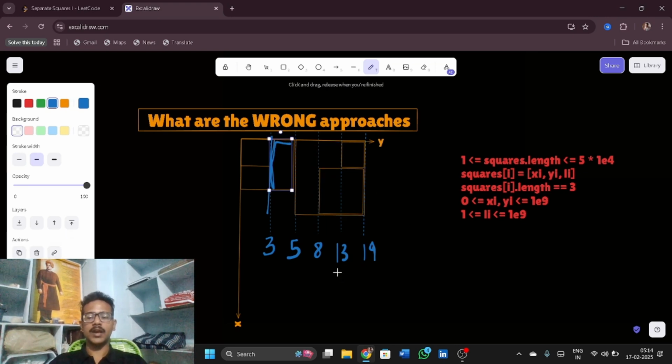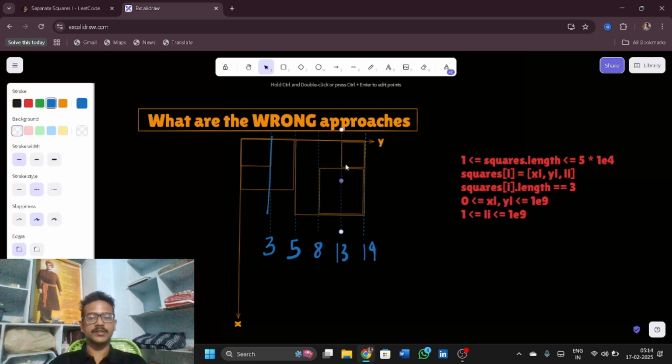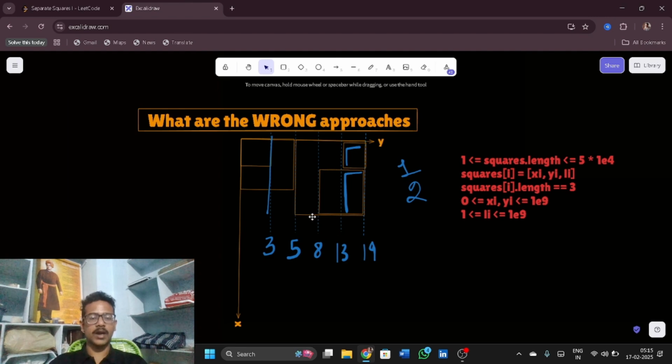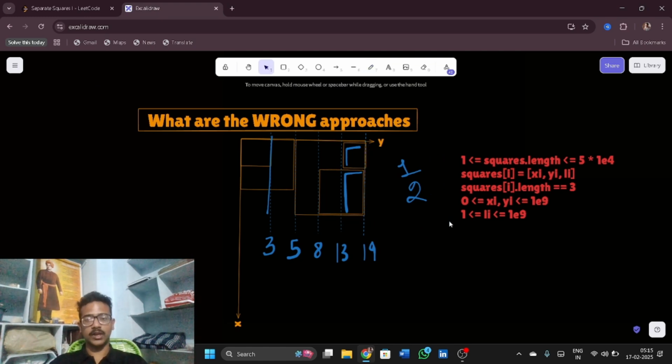Now I have another square here, a 1 square, and here the 2 by 2 square. So 1 into 1 is added first, then 2 into 1, and this 3 by 3 square I need to add also. 3 by 1 here is 3. 3 plus 2 plus 1 is 6. If I add 6 to 13, it will be 19.